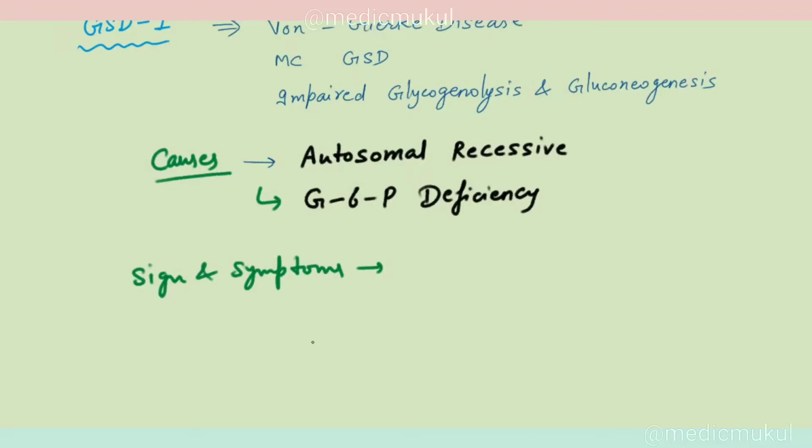But in fasting, there will be no glucose, because that glucose only comes from glycogen, which is not available now, and gluconeogenesis is also impaired. So we are not able to meet our glucose requirement, and there will be fasting hypoglycemia.